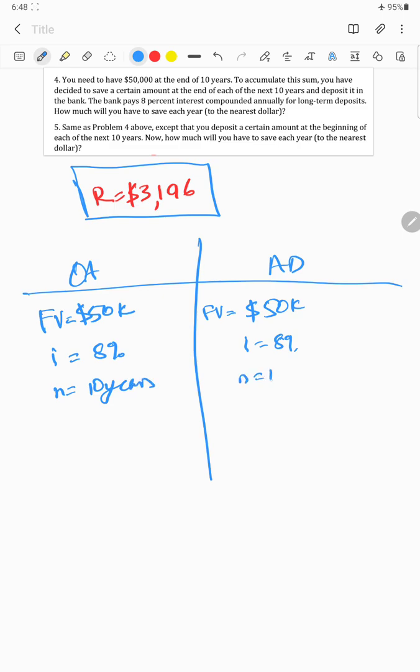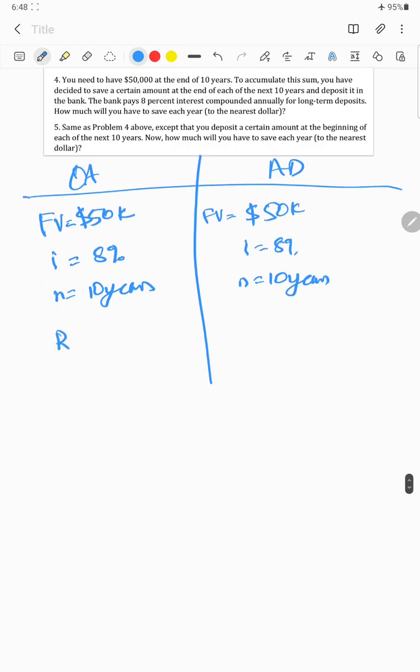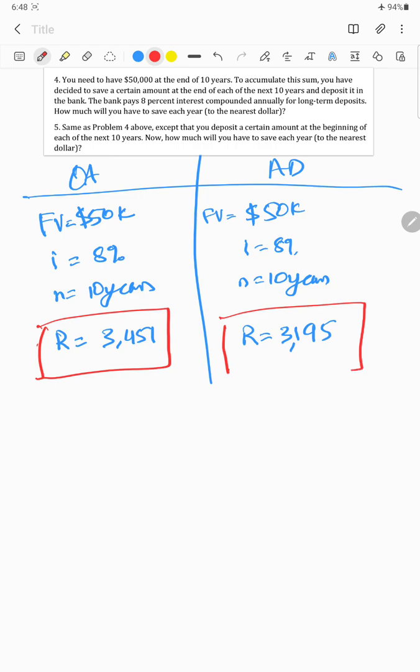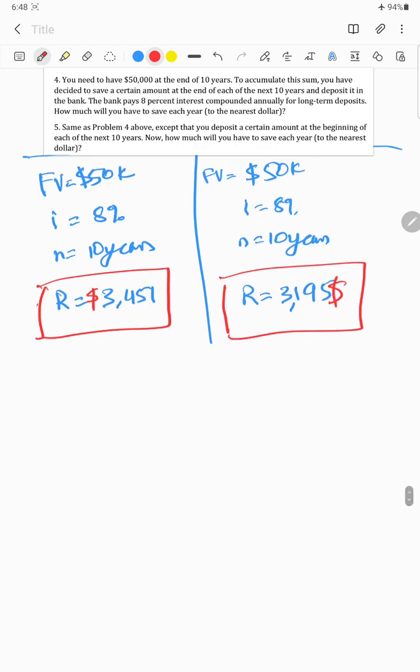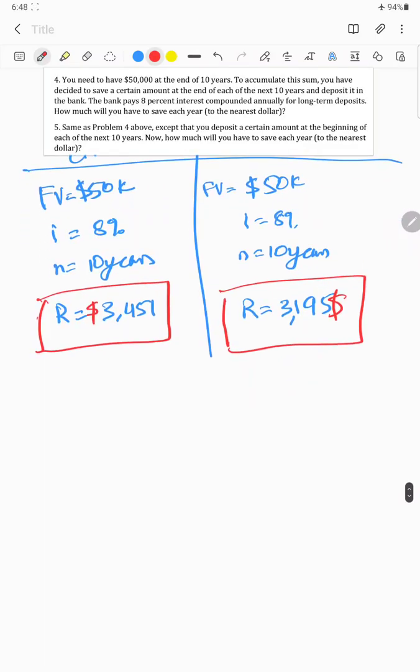Here my N is also 10 years. But my R here is coming as 3451, and here my R is coming as 3195. So why is there this difference in both of the values, both dollars? The difference is because of the formula.